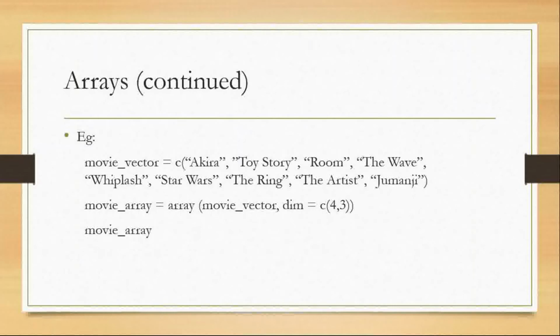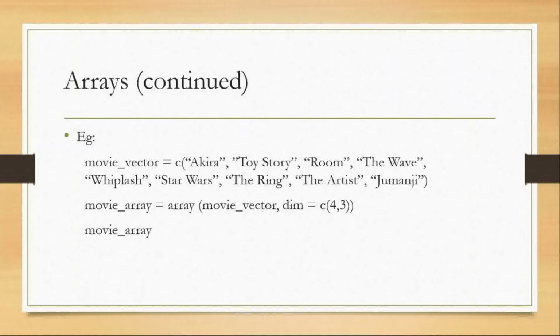I want to convert these values into the form of an array. So I am first specifying the variable movie vector, which contains the values for the array, and then the dimension of the array.